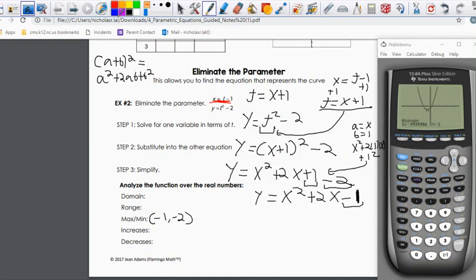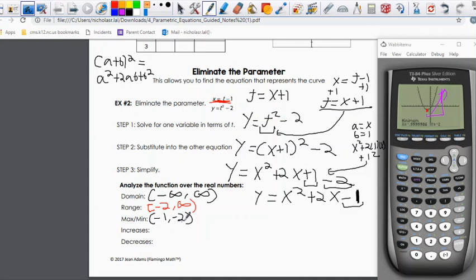So looking at this parabola, remember our lowest value is negative 2, so our range is from negative 2 to infinity. Parabolas have a domain of all real numbers. All right, it's going to be increasing on this interval where the parabola has a positive slope.